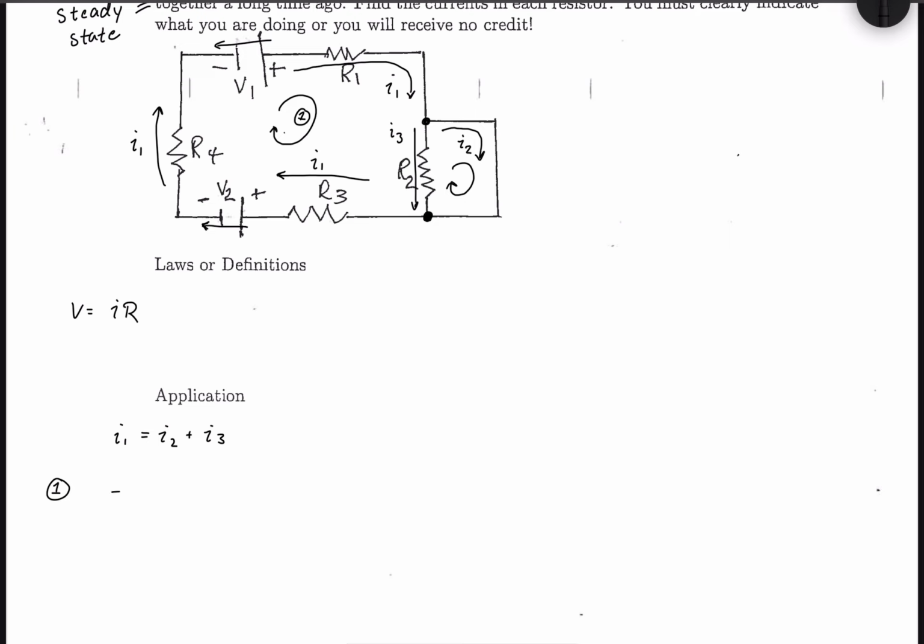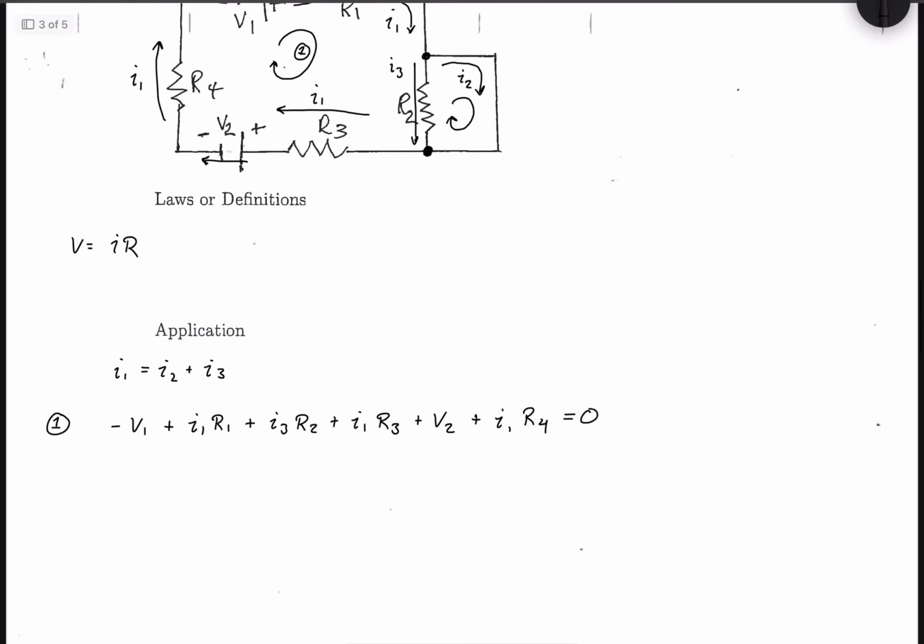So we've got negative voltage 1 plus I1R1 plus I3R2 plus I1R3 plus voltage 2 plus current 1, resistance 4. And that's going to equal 0.